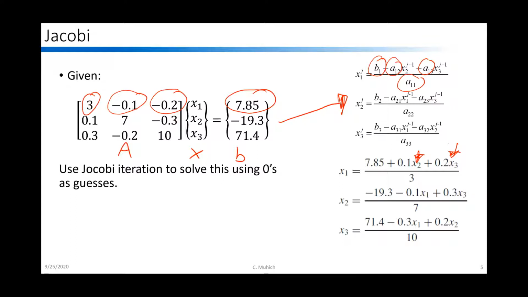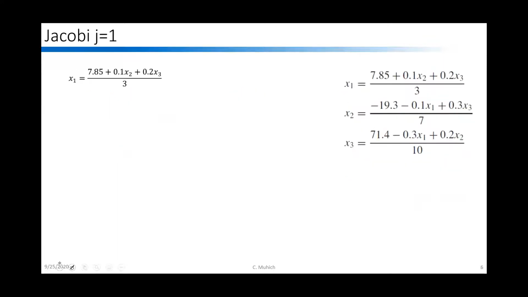In this case, we're going to assume that we're starting with zeros as my initial guess. So all I've done is I've taken the equation for x1 and I've written it here. Now, let's go in and solve out this x1 equation.